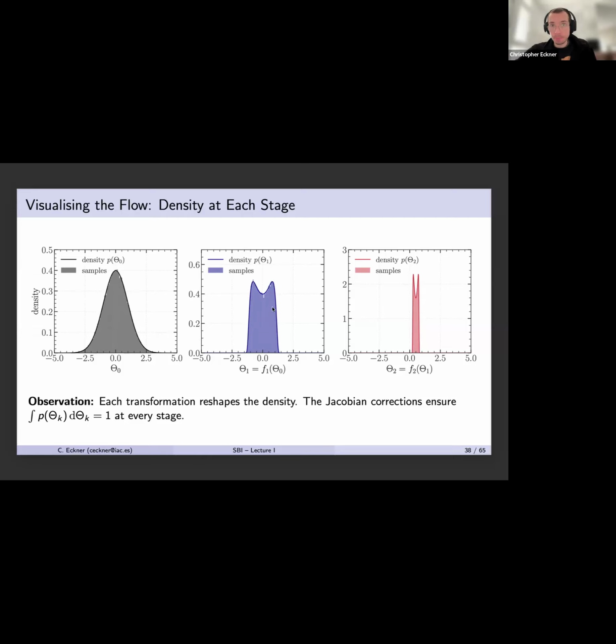And then lastly, you perform the second normalizing flow that compresses these samples even more. For the samples, it's simple. You just apply the transformation, but the density again follows what we computed analytically. So what we did here is having always this derivative in there, which is this Jacobian, which accounts for the changing volume.